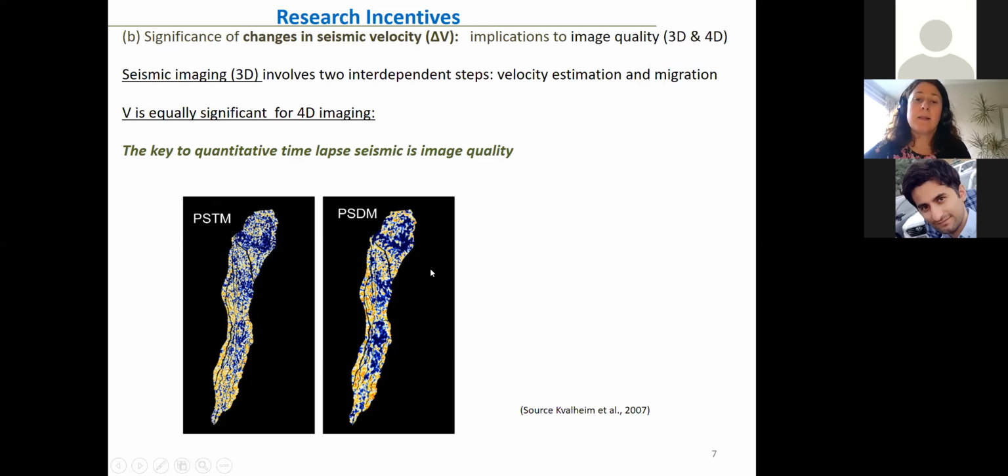And in this second image, they've used pre-stack depth migration. And the authors commented that the second image made much more sense from a reservoir engineering perspective and a geological perspective. And the reason that they explain is that the PSDM uses a more accurate velocity to do the migration.